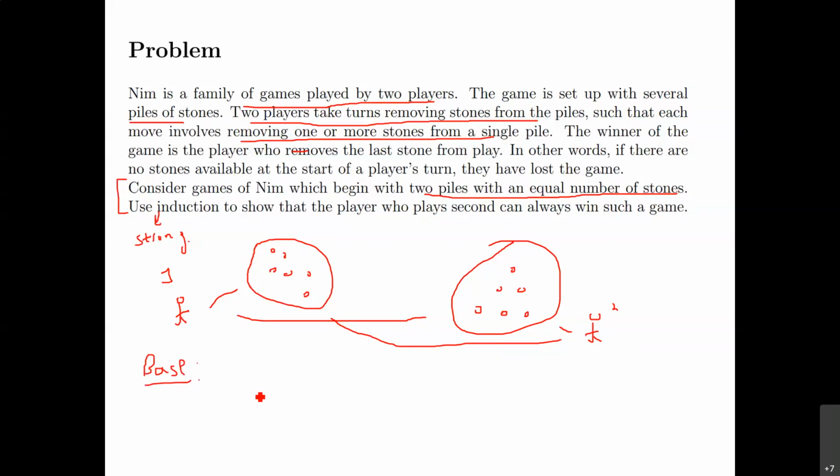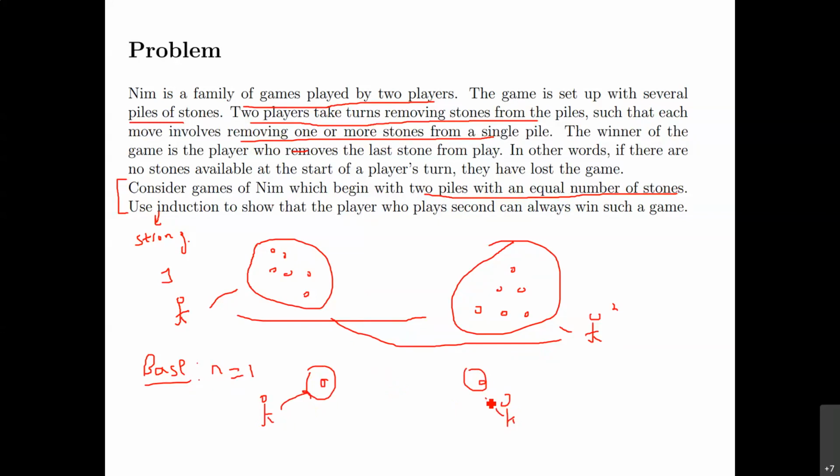Base case. What if we only had 1 stone? Like n is 1. There was only 1 stone in each pile. Well, player 1 would take this stone, then player 2 takes this stone.